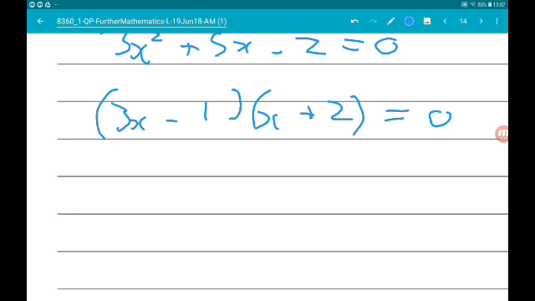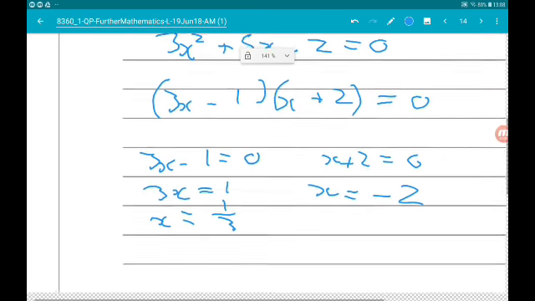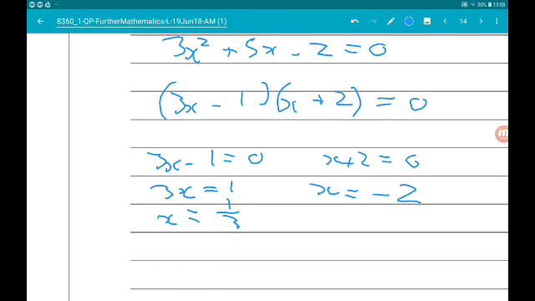So this first bracket tells us 3x minus 1 is equal to 0, 3x is equal to 1, x is equal to 1/3, or this other bracket tells us x plus 2 is equal to 0, so x is equal to minus 2. Now, those are our two x values. We need to find the corresponding y value for each of these.